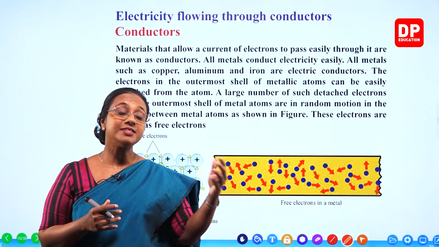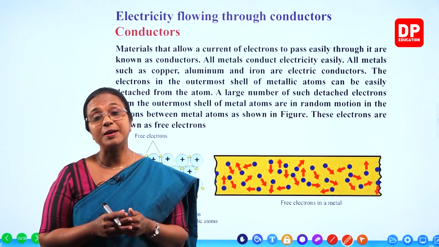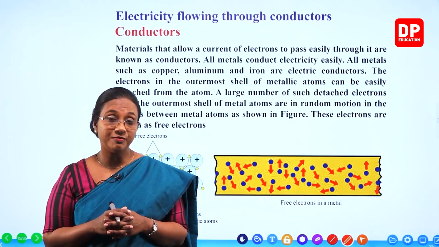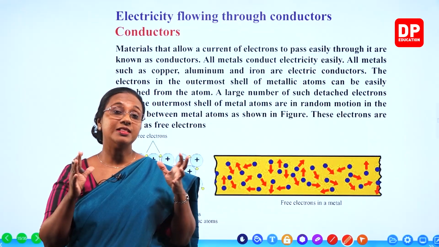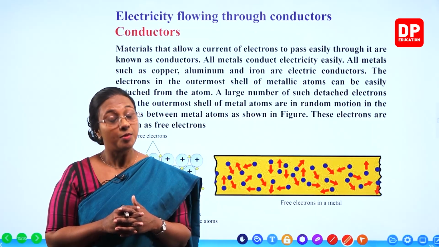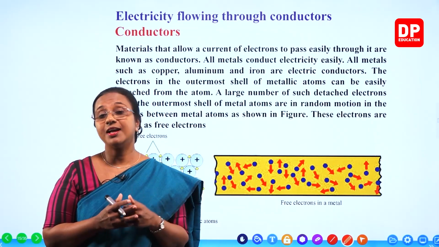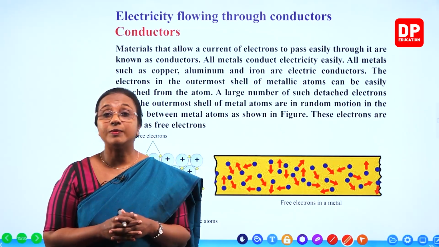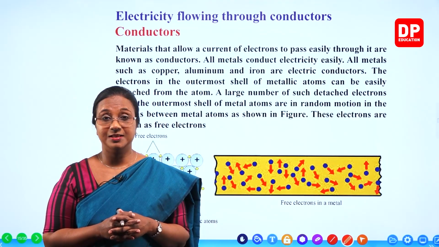And these charges can attract tiny pieces of paper or tiny pieces of regiform. The force that makes this rod that has been rubbed with a cotton polythene sheet attract tiny pieces of paper is what we call static electricity.